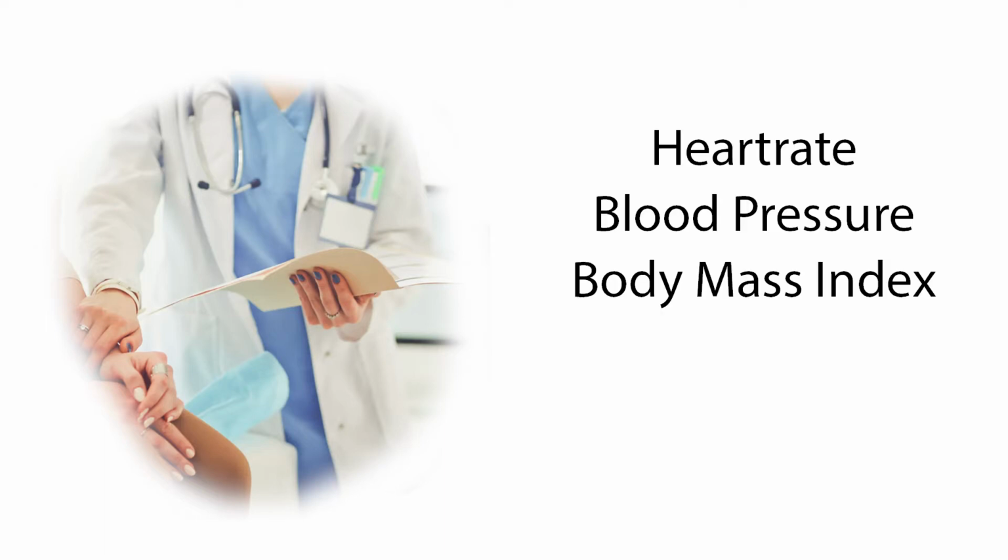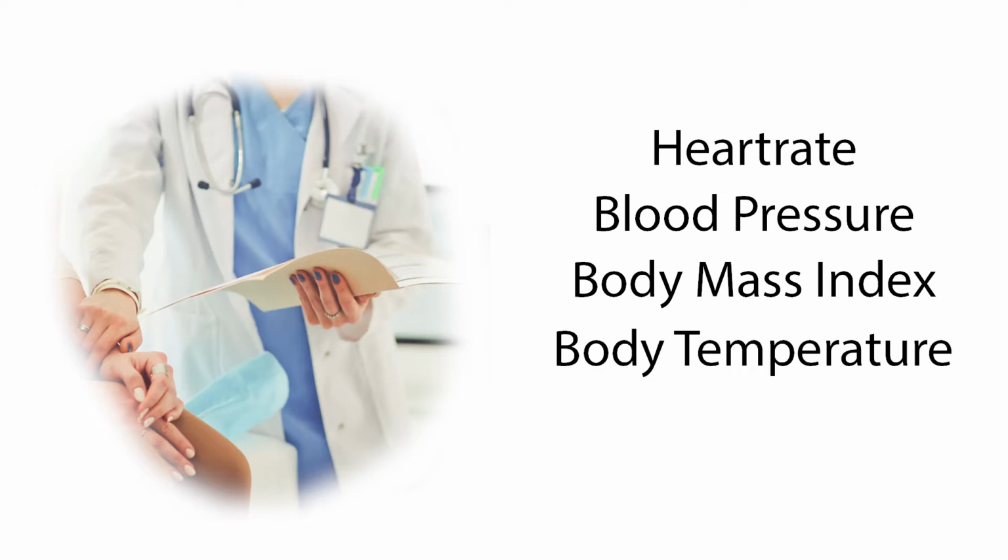The way that I like to explain the macro objectives to my students is that they're very similar to what doctors can use to measure how healthy a patient's body is. For example, a doctor may look at heart rate, blood pressure, BMI, body temperature, all kinds of things to see how healthy a body is and to measure how well the body is performing.